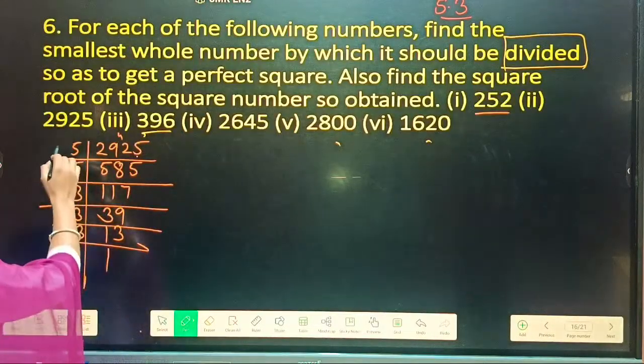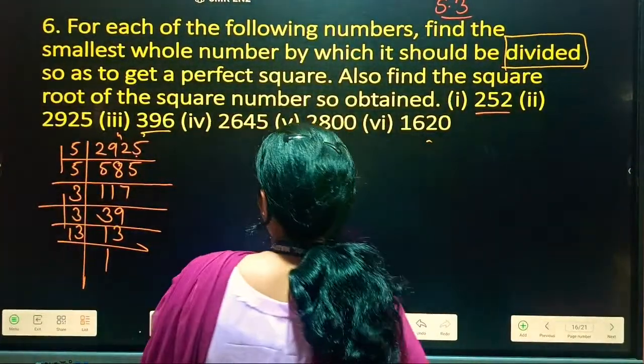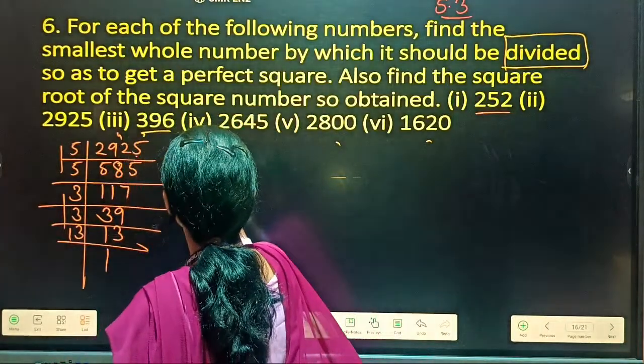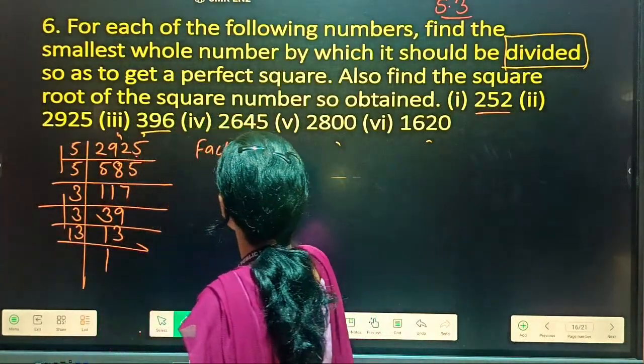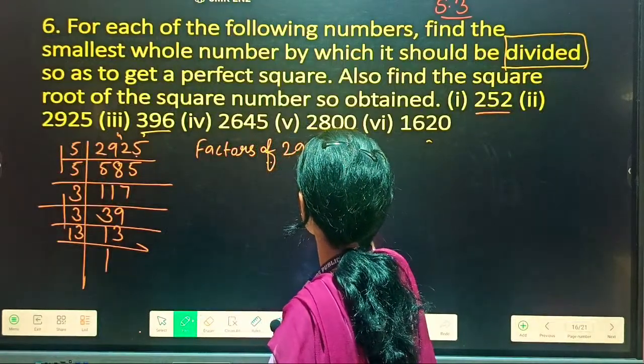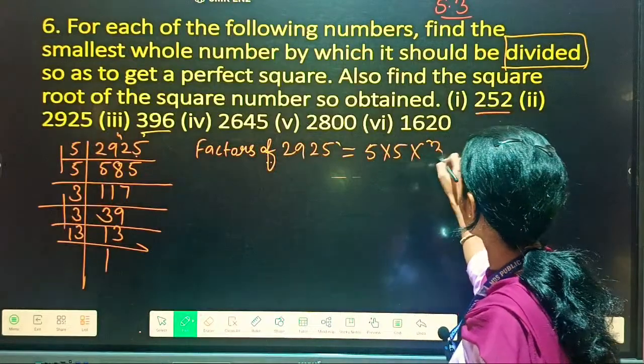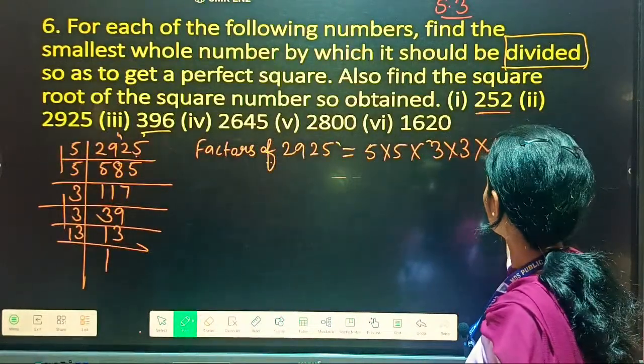Let us check these factors. Write the factors of 2925: 5 into 5 into 3 into 3 into 13.